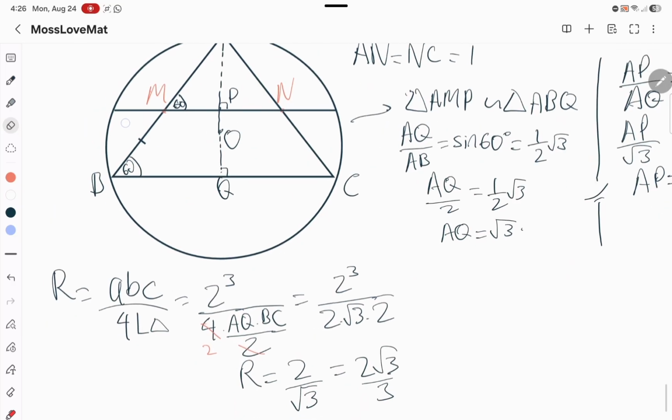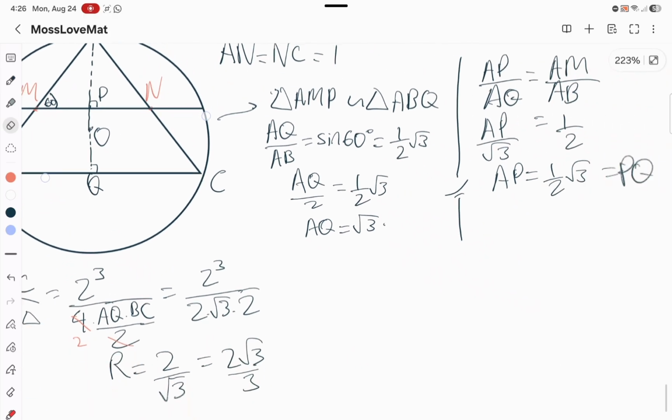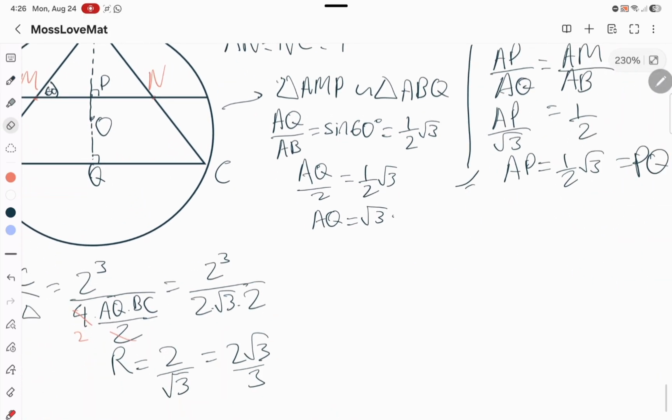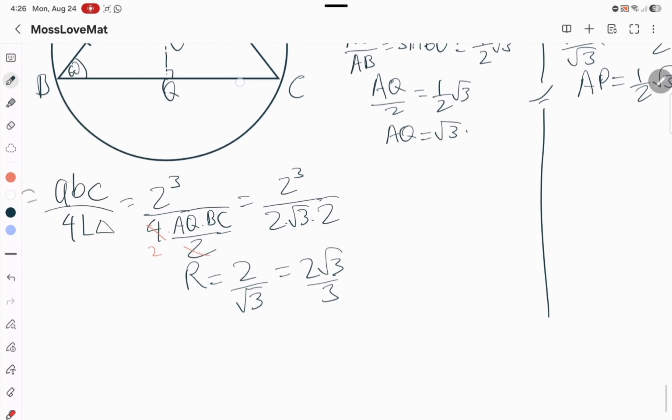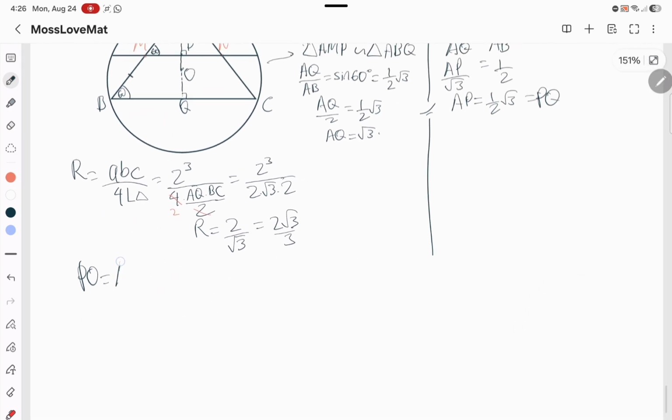Notice that AO is a radius, and from AO we can compute PO. PO is equal to AO minus AP.